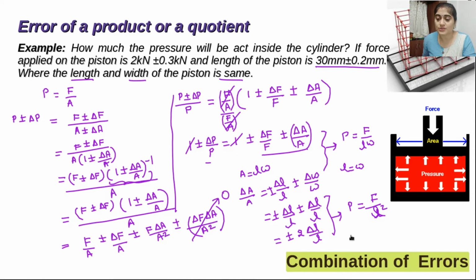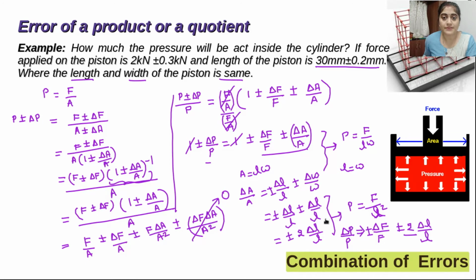So for this case, delta P by P, the relative error of pressure, will equal delta F by F, and the other physical quantity is L, so this is plus minus 2 times delta L by L. So here we have seen all three things: if it is multiplying, if it is dividing, if it is having power. In all the cases you just have to add these relative errors, and if power is there, that power you have to simply multiply.